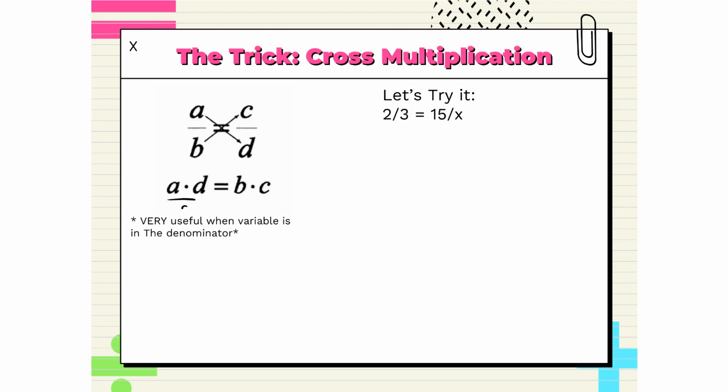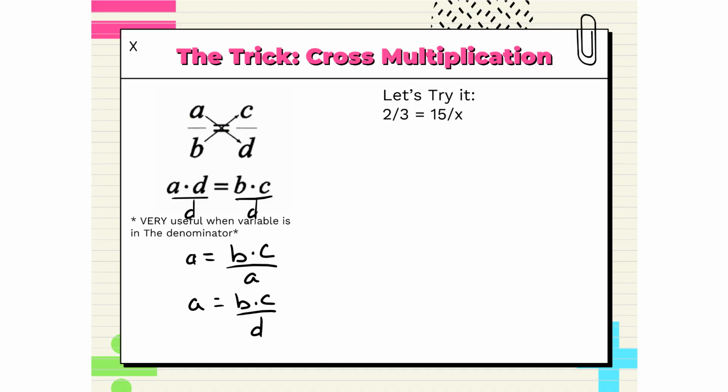If we divide this side by A, we have to divide the other side by A, but what that gives us then is the A's would cancel each other out, and we'd end up with D is equal to B times C divided by A. Or we could have gone the other way, and we could have divided both sides by D, and we end up with A is equal to B times C over D. So you can rearrange to find any one of the missing variables quite easily.